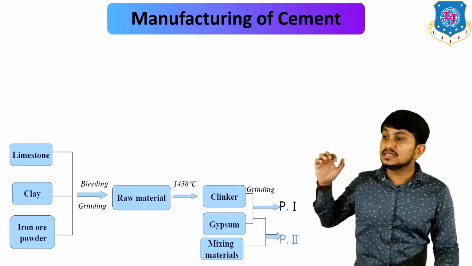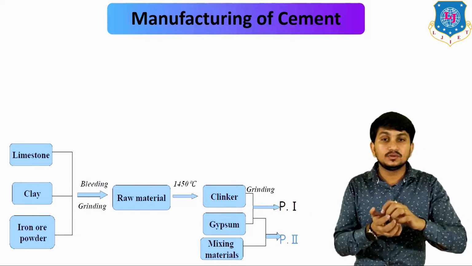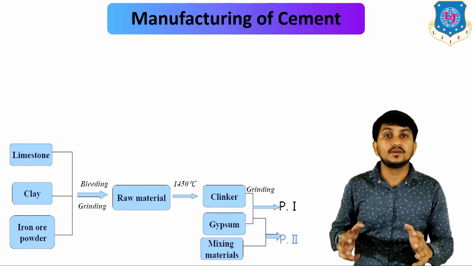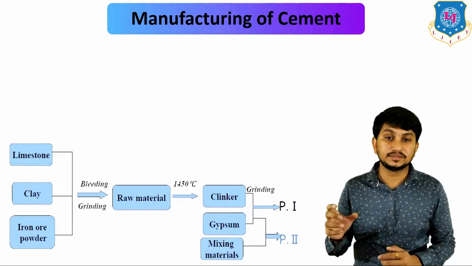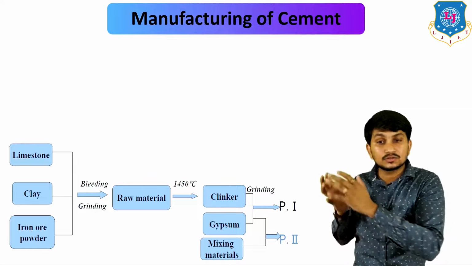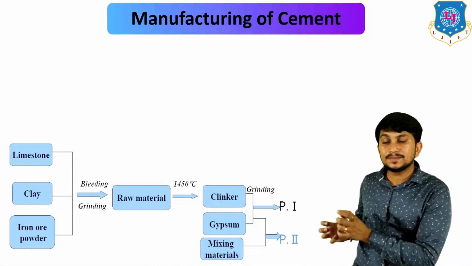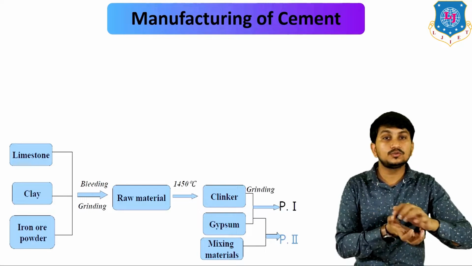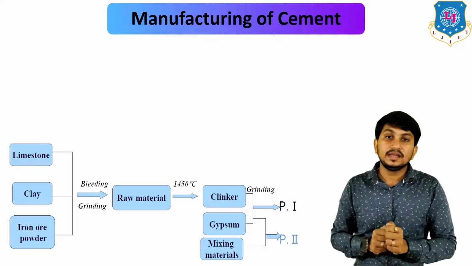First, limestone, clay, and iron powder are ground together, which creates the raw material. It is then heated at 1450 degrees centigrade, which converts this raw material into clinker. This clinker and gypsum are then ground together to make the cement.